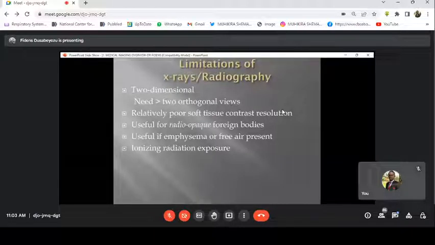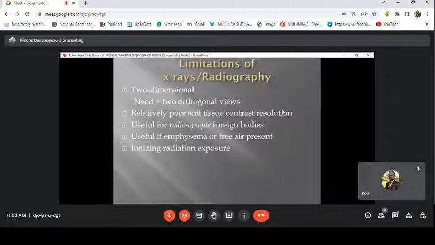You can say this is normal. While when you do an MRI or ultrasound, you see there is injury of soft tissues. So there is a limitation of conventional X-rays when there is no air. When there is no air, you can't tell anything.